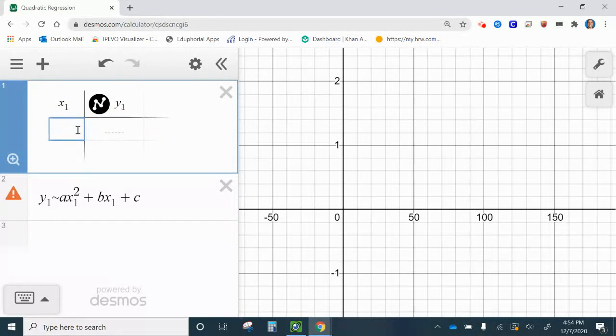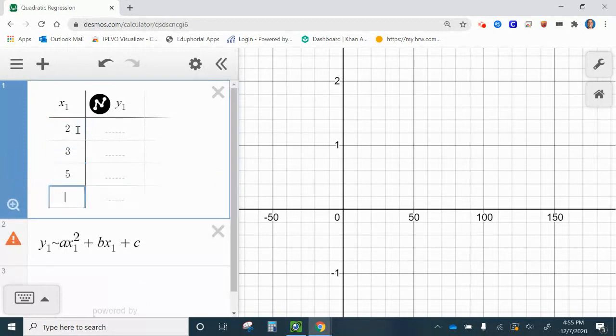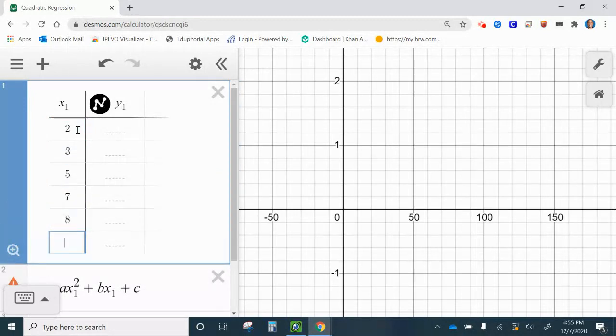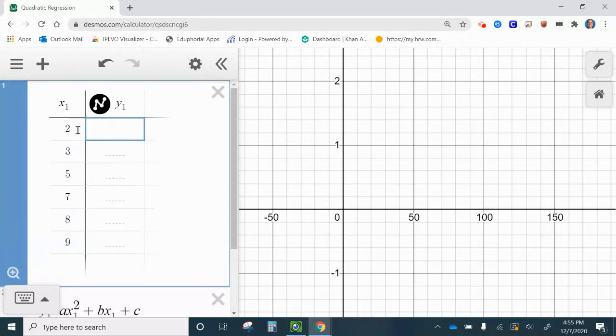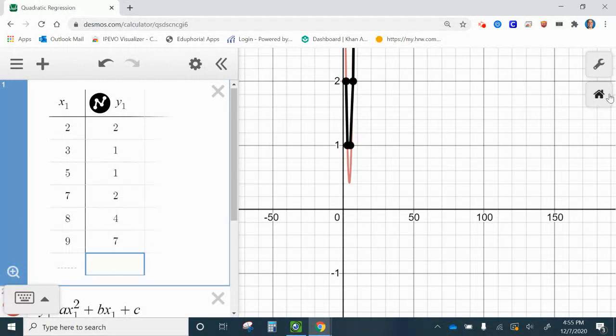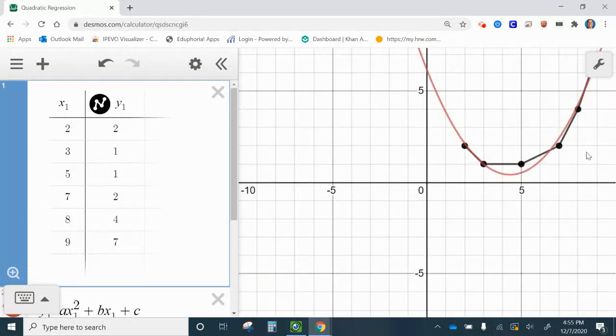Okay. And so then it's 2, 3, 5, 7, 8, 9, 2, 1, 1, 2, 4, 7. Okay, and if you press the home key, it adjusts so you can see the points.